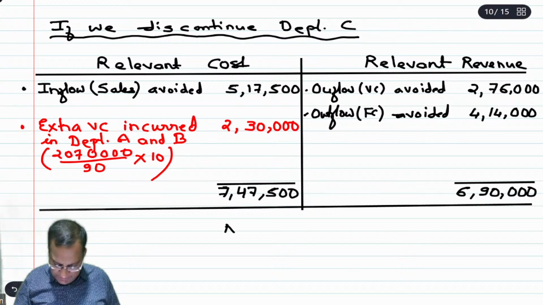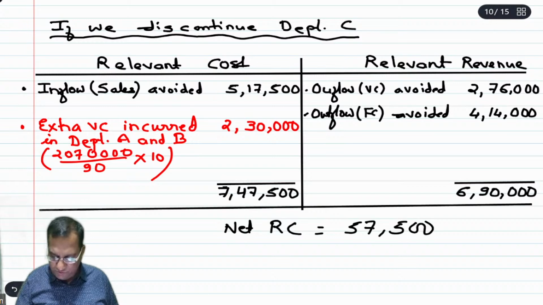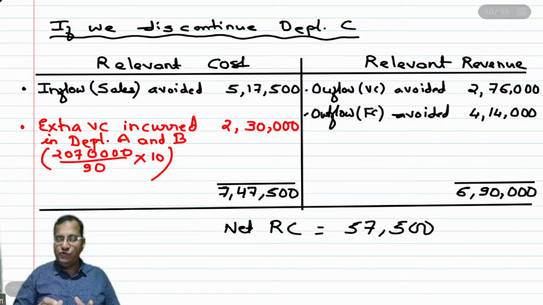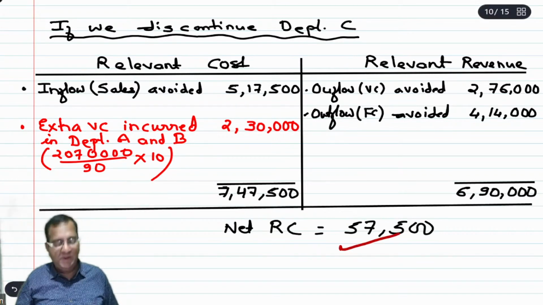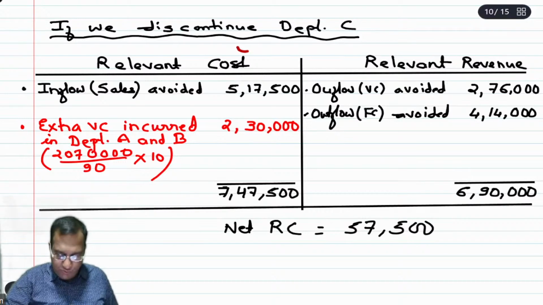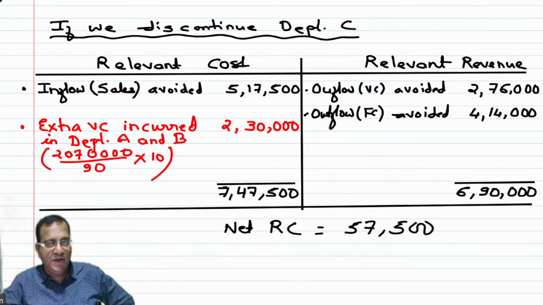So there is a net relevant cost. And what is the net relevant cost? It's 57,500. It means if you discontinue department C, whatever cost we are incurring right now, in addition to that cost, we will incur 57,500 if we discontinue department C. Therefore, it is not recommended to discontinue department C.